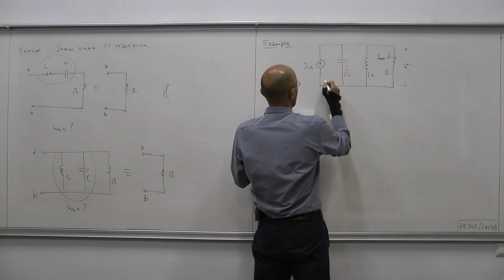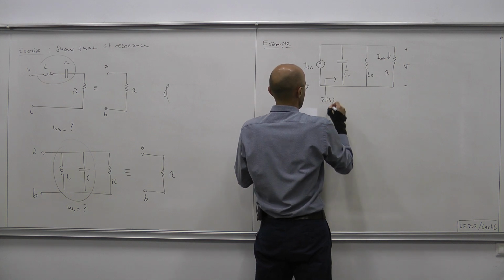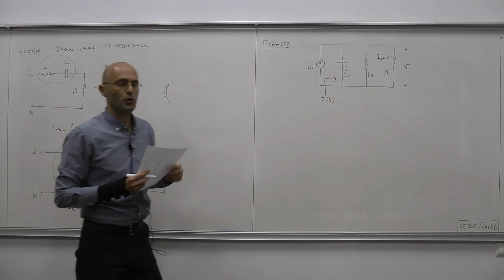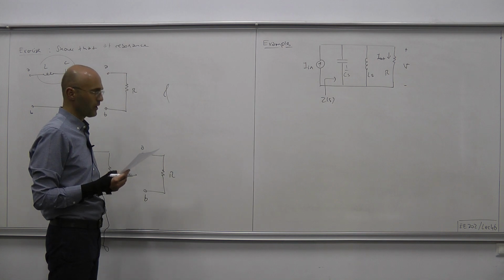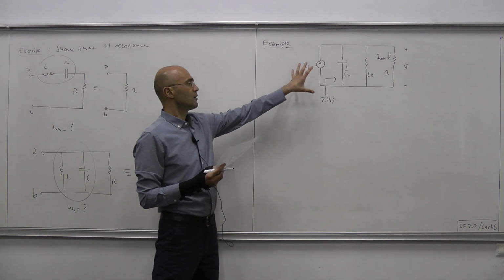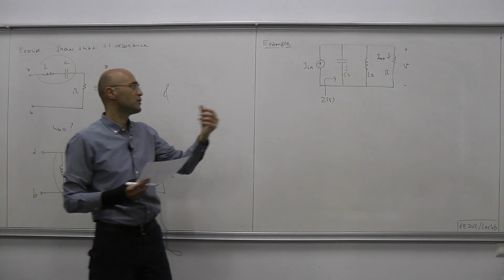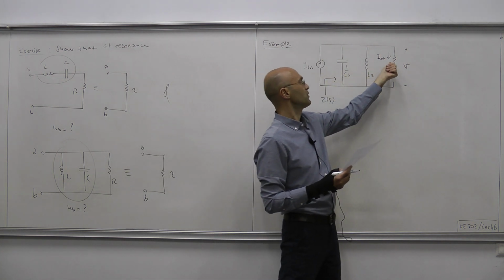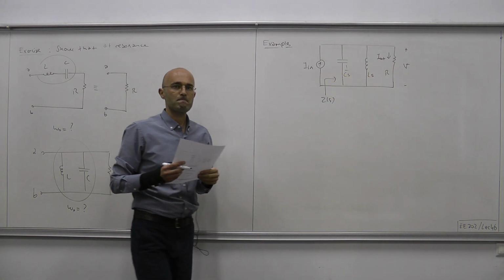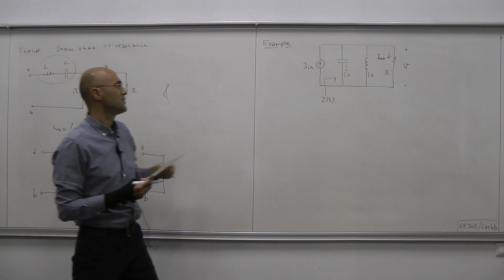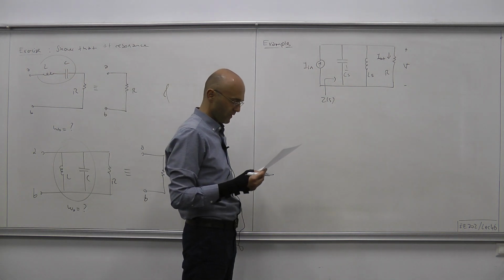And the driving point impedance is denoted by Z of s. Now for this circuit, let's compute both the transfer function for the given input and output, and also the driving point impedance seen by our input.